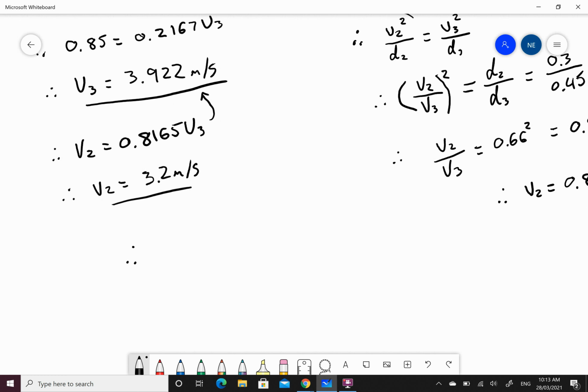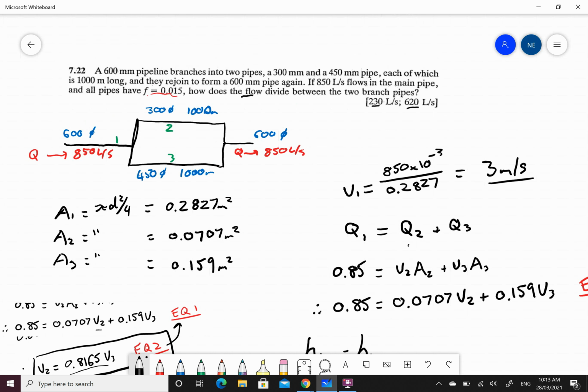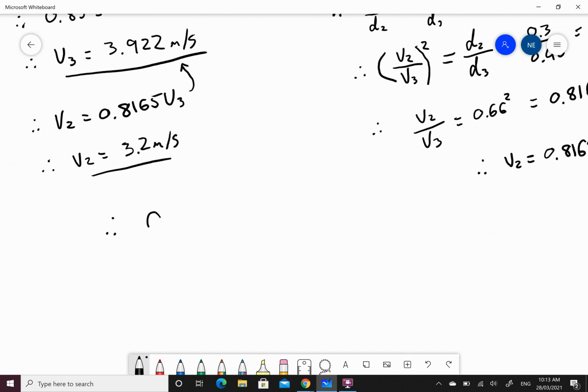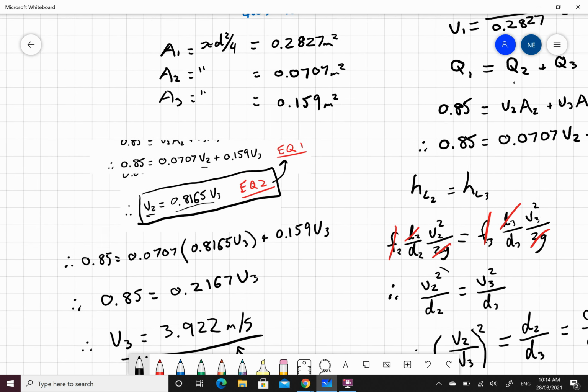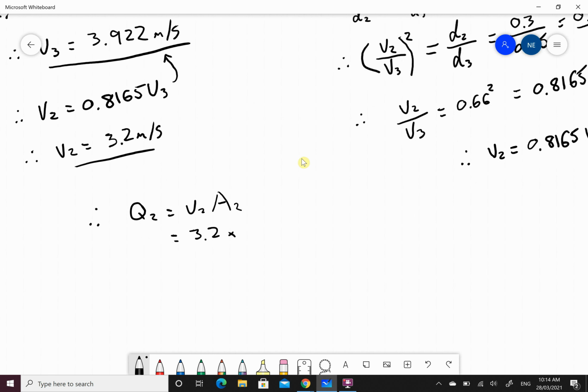Therefore, what to try to work out? Alright, if we come back to the main question here, how does the flow divide between the two branches? So I want it in terms of Q. Alright, Q in pipe 2 is equal to V2A2, 3.2 times my area I calculated before, this one here, 0.0707.